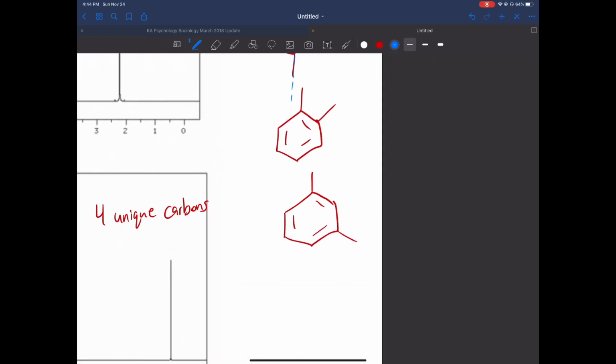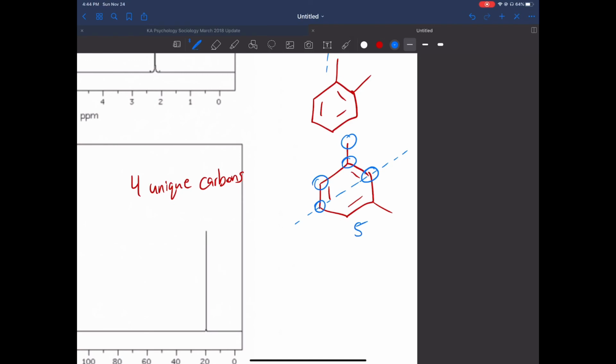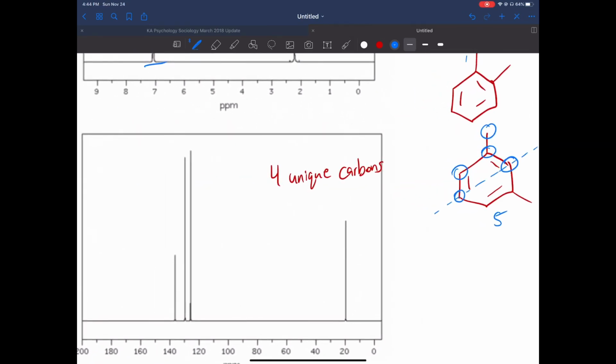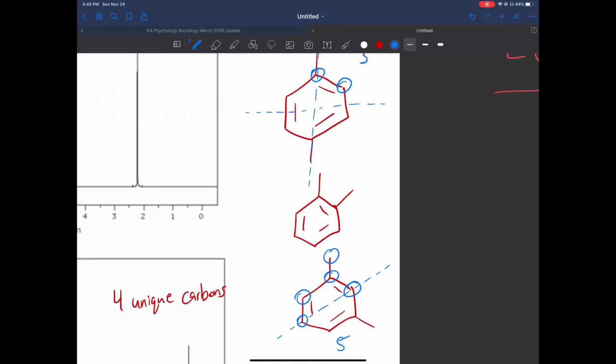Now let's look at the bottom one over here. We can split this in half this way. 1, 2, 3, 4, 5. Don't forget about that one. That's 5. That's going to give us 5 signals on our CNMR if that was the answer. If we do this one, now we're going to do 1, 2, 3, 4. 4 signals.